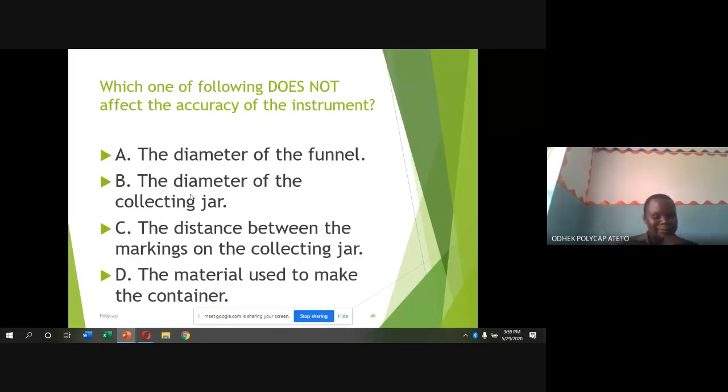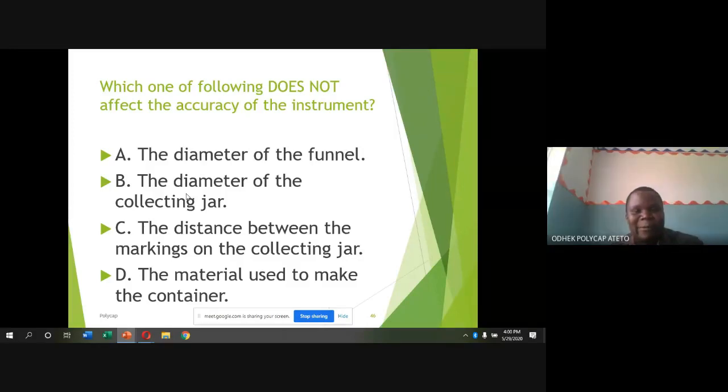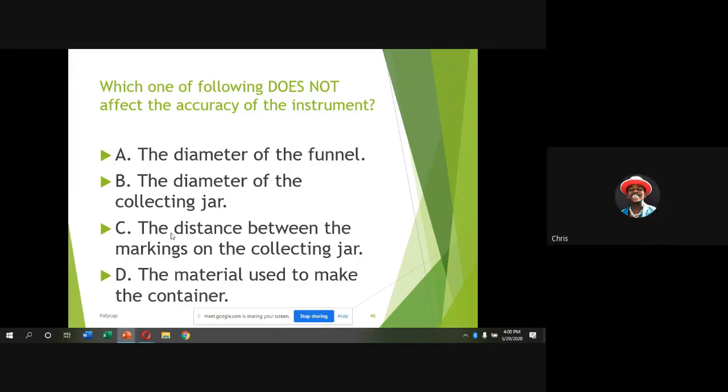Christian, why is it D? I think the material used to make the container doesn't matter because it can be metal or plastic. Still, the amount of water that is collected will be the same. Thank you very much for that. How will the diameter of the funnel affect? It will collect more water or less water. Correct.